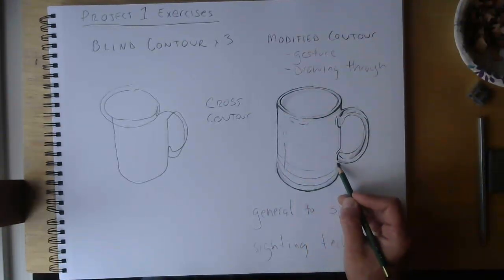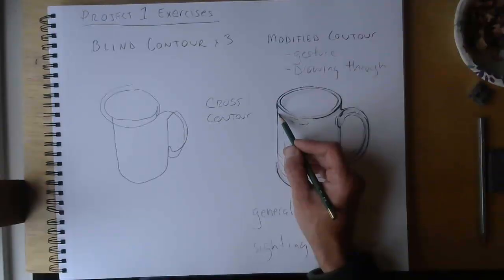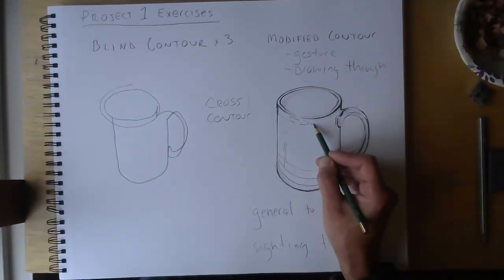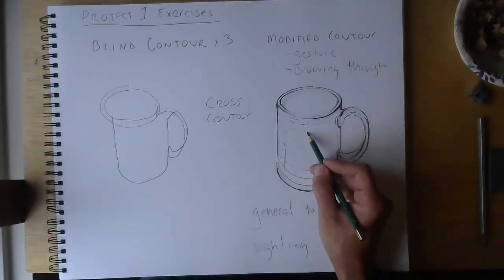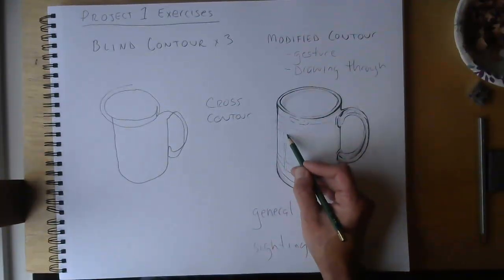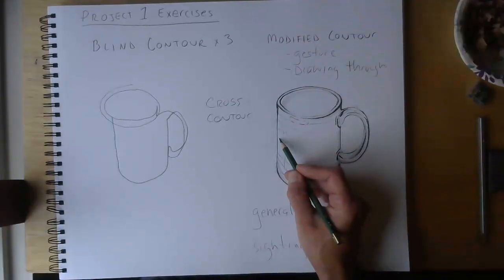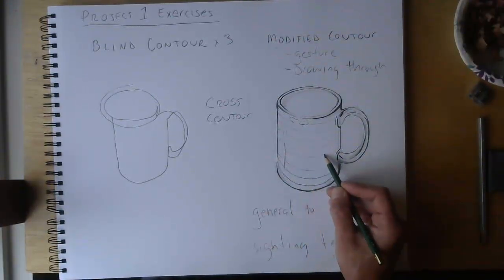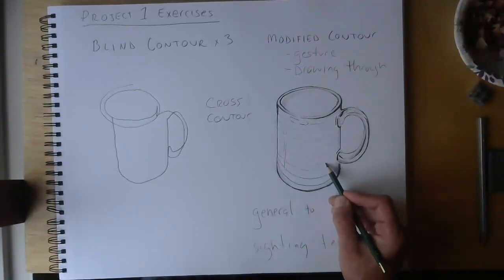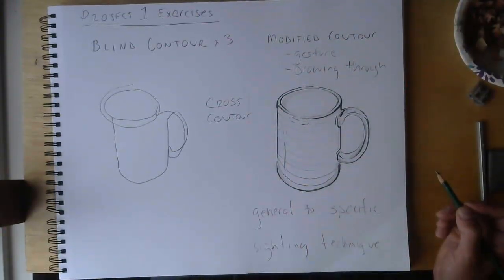Ideally I would be trying to mirror that change of the curvature as my eyes change position. I'm going a little bit fast here, and I could probably make that better, but I think you get the idea.